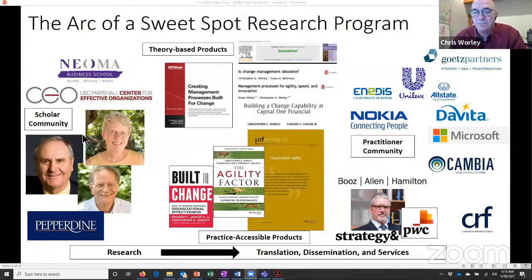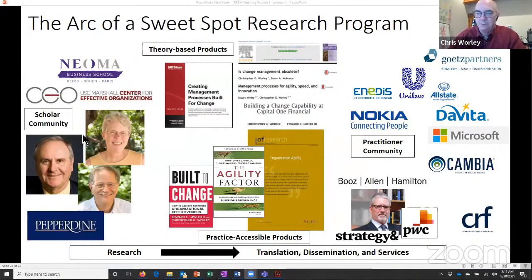And it started with a connection, a social network, a relationship between Jim and the Center for Effective Organization and Tom Williams. And from that relationship, introductions to different universities, different companies, different consulting firms, different kinds of products, some more academic, some more professional.